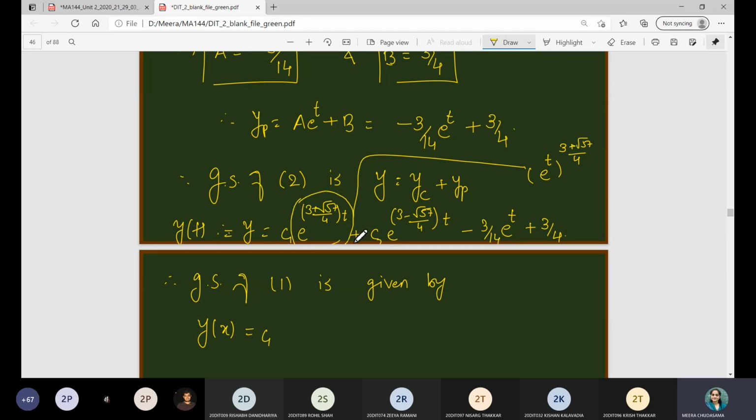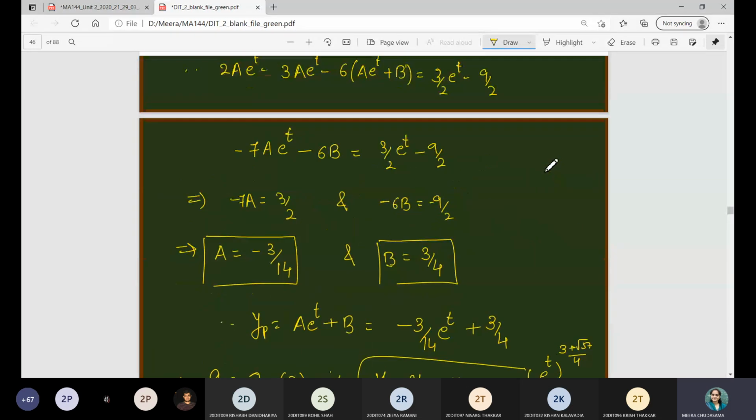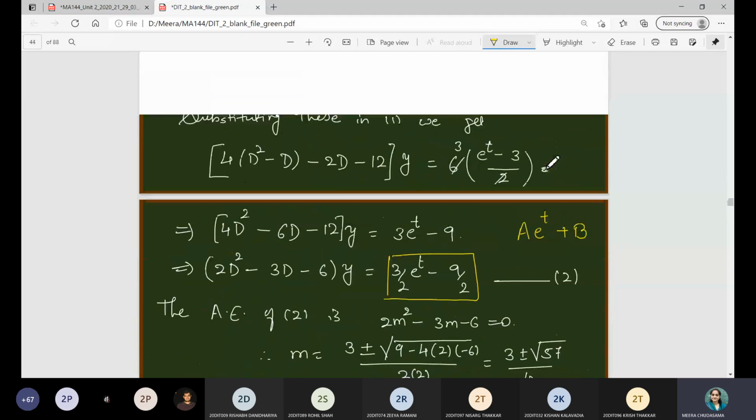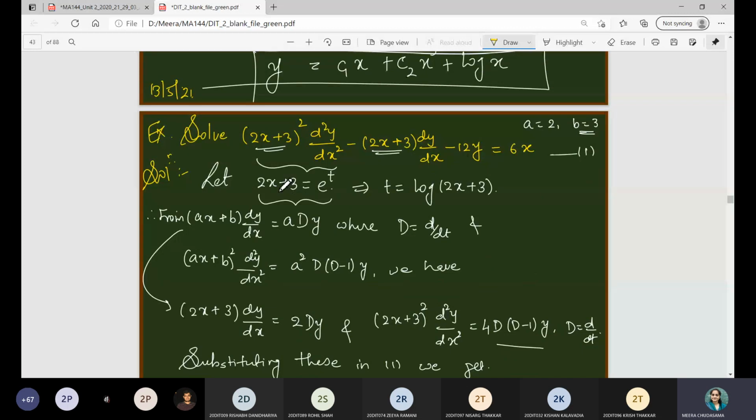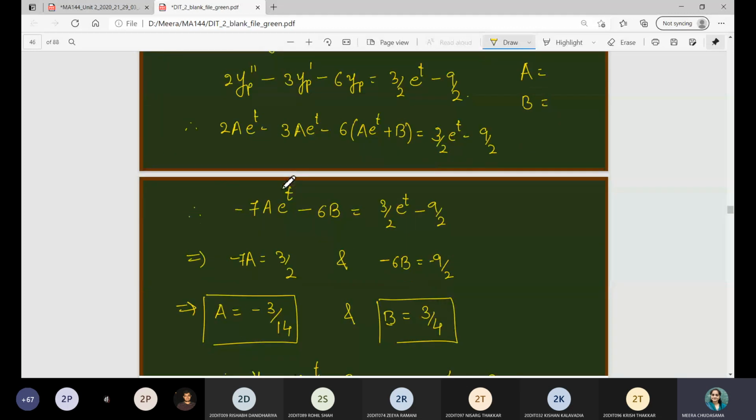Can I write it like this? Yes, ma'am. Yes, and what is e raised to t that we have taken? e raised to t is nothing but 2x plus 3, right? So let us substitute it.